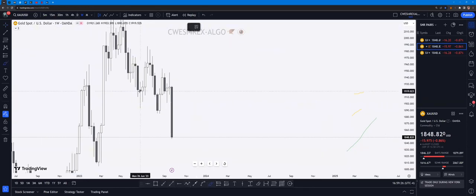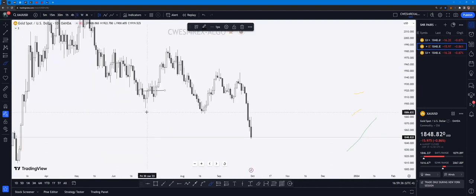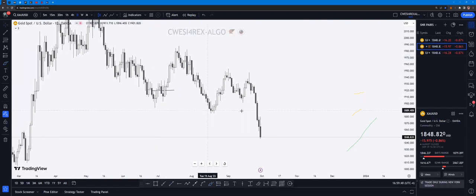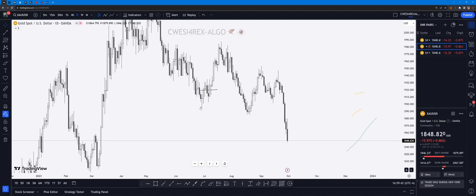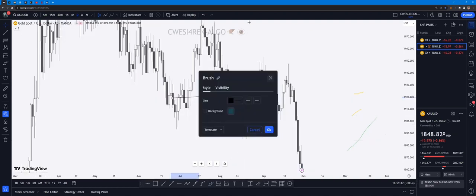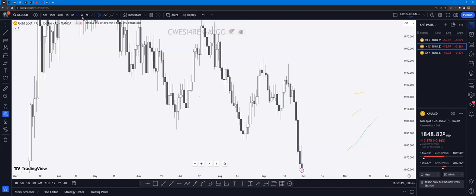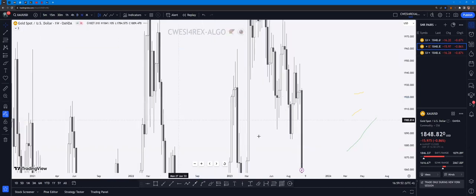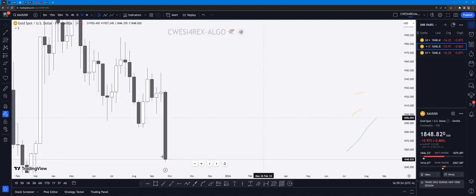So you can see we have this weekly rejecting over here. Then on daily, we had a breakout. Let me mark it as well. Okay. So we have the weekly rejecting this level over here, right?